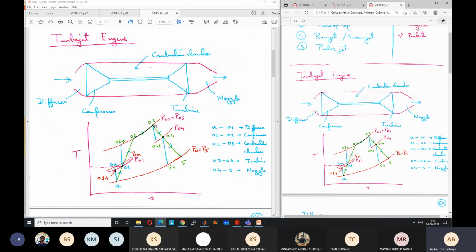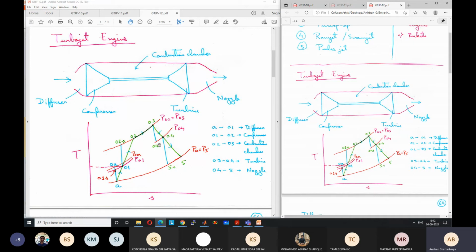From 02 to 03 is, again similar to industrial turbines, the heat addition. I have not shown here pressure losses. There will be slight pressure losses in the combustion chamber. I have not shown here. So from 03 to 04, there is expansion in the turbine, and again the real state at the exit is 04.